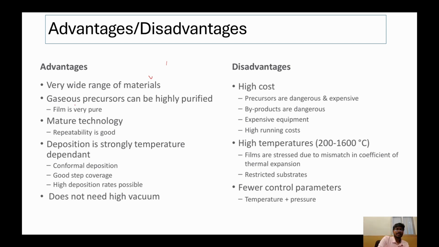Okay, so gaseous precursors can be highly purified, like gases with 99.999% purity you can get, and with that you can deposit very good film quality. But on the other hand, if you are just directly buying the silicon dioxide source or metallic source, there is a high chance of impurities in that.